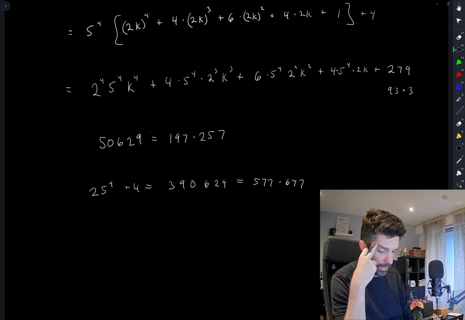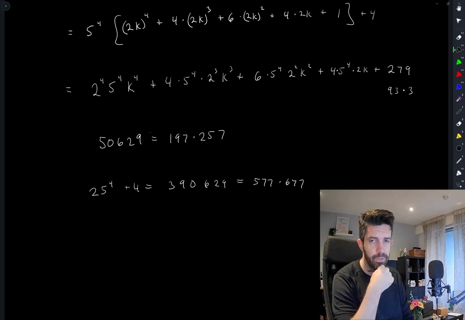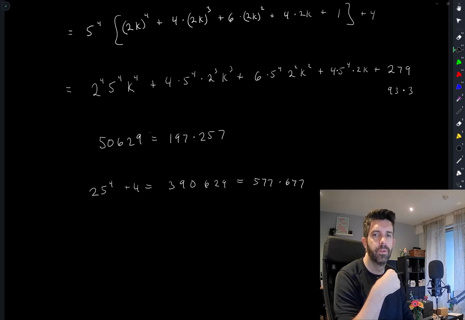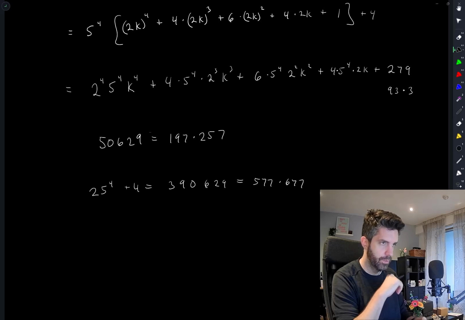I'm failing to see any pattern here. How should we be able to deduce that n to the 4 plus 4 has some prime factor when they are this large?